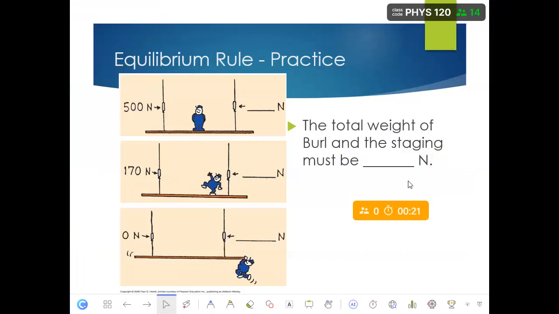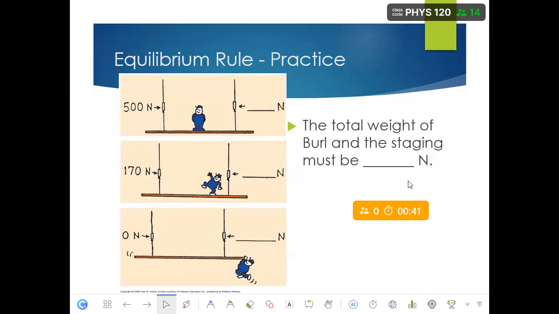So we have three systems, yes? The first one, the person is in the middle and 500 Newton here. What should be here? 500. Okay, yeah, just try to answer. Okay, and then upload the picture.